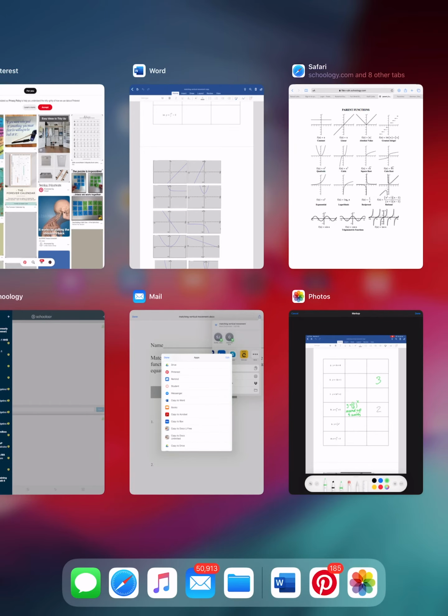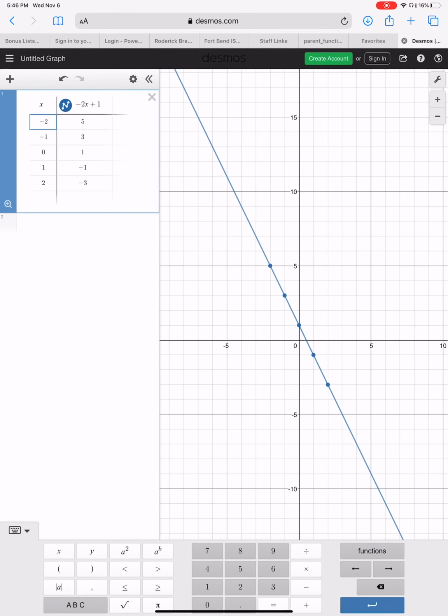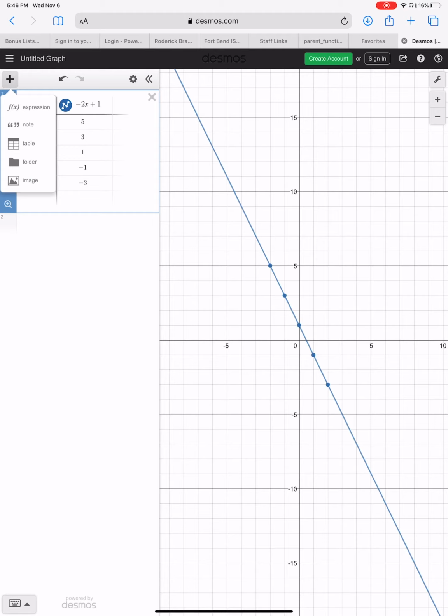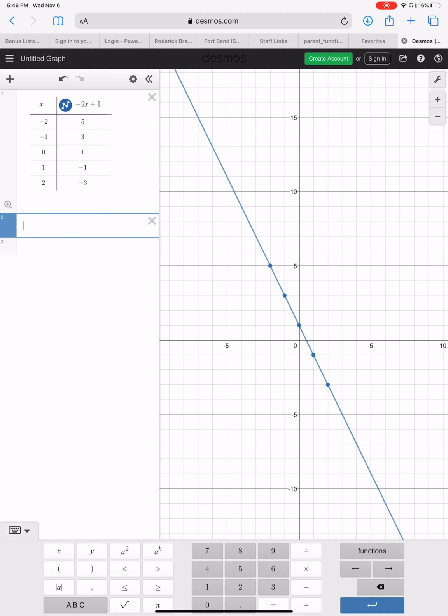If I was to graph that function, let's graph the function y equal x. All right. So we see it's a couple of different transformations that happen here.